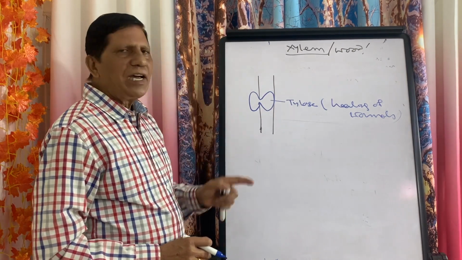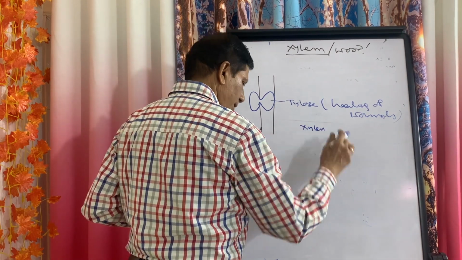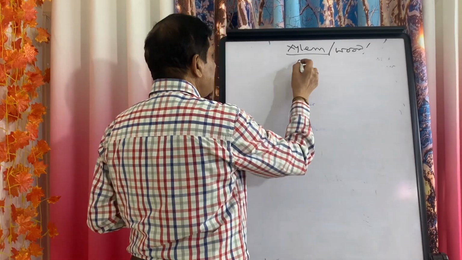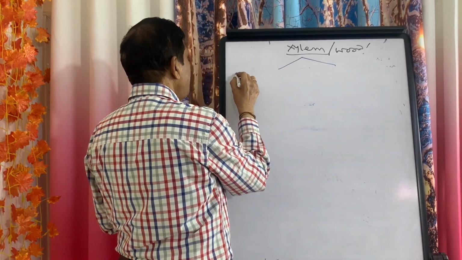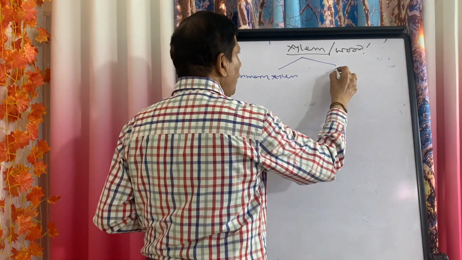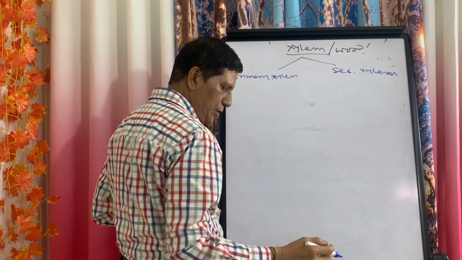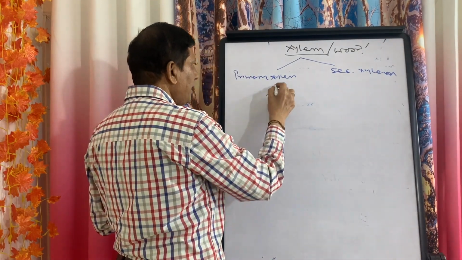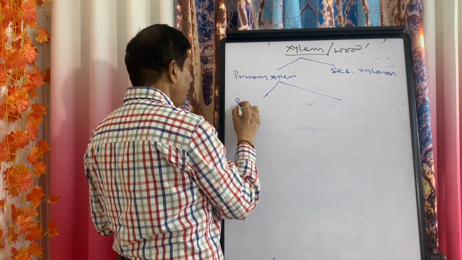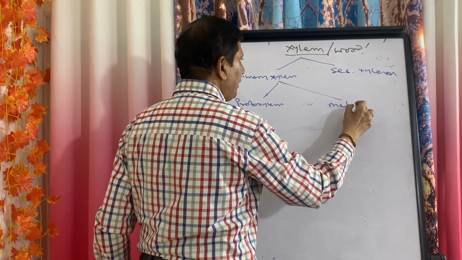Now, the xylem is again of two types. The xylem may be primary xylem, if it is present in the primary tissues, or it may be secondary xylem when it is present in the secondary tissues. Now the primary xylem is again of two types. It may be the protoxylem or it may be metaxylem.